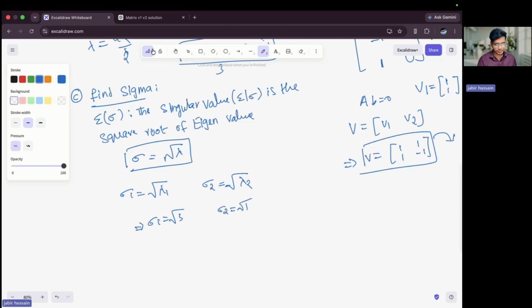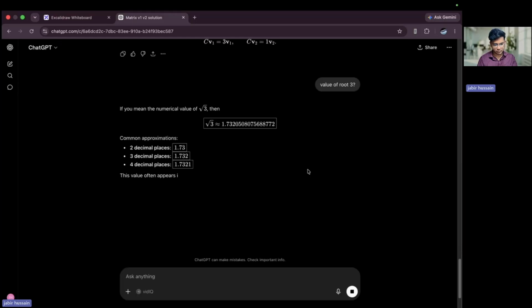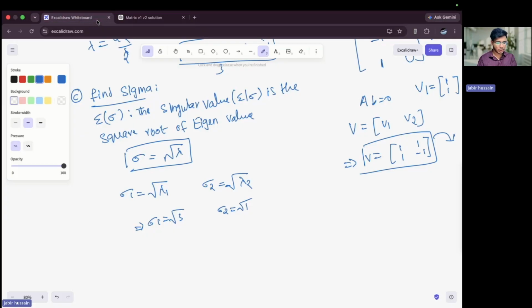The value of root 3 is 1.73. So 1.73 is our sigma 1 and my sigma 2 would be 1.